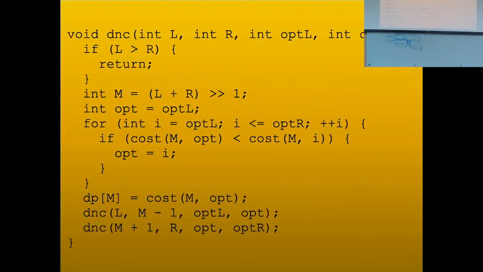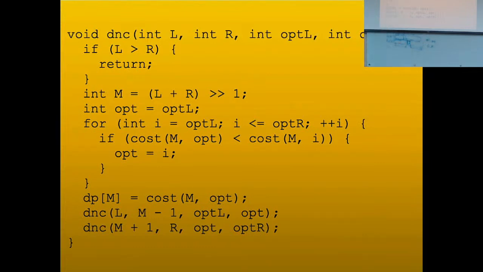So basically, DNC, divide and conquer, and L and R is in this dimension, and OPTL and OPTR is in this dimension. L and R is which dp values we want to compute, and OPTL and OPTR is we already know the optimum positions for this range lie within this range, right?